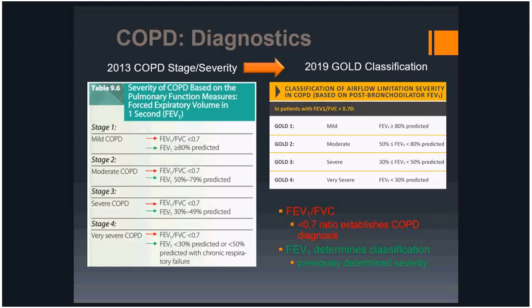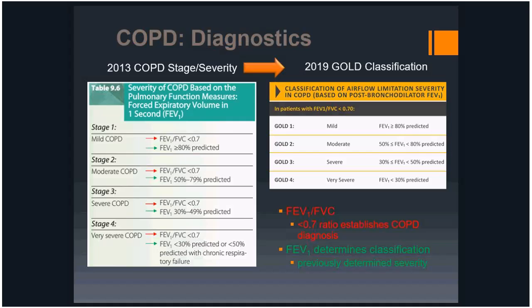And so you do note that there is a difference between the two tables. The table on the left, when it speaks to moderate, it defines it between 50 to 79%, whereas the table on the right defines moderate between 50 to 80. So you see some overlap, or some varying distinction, with one point.